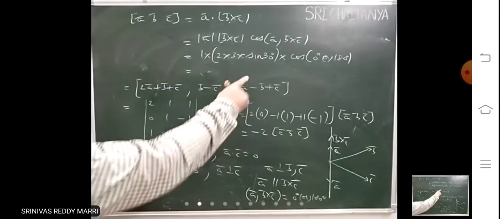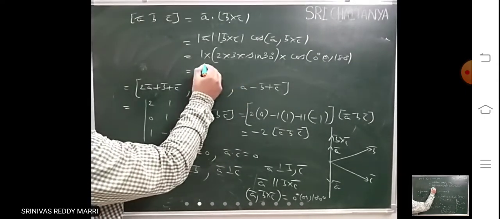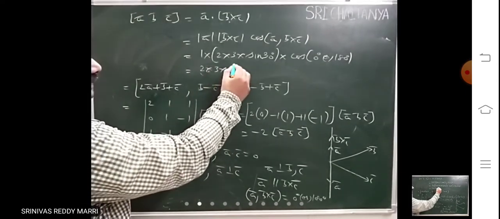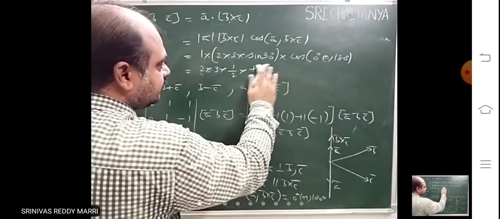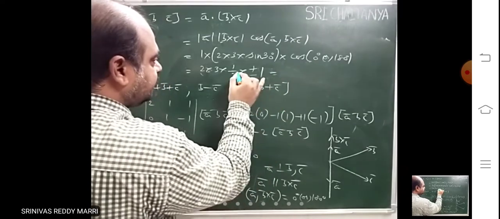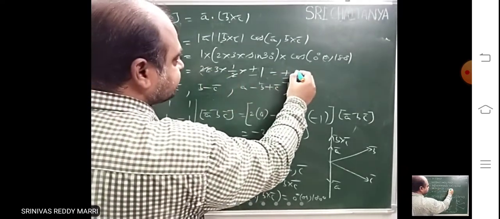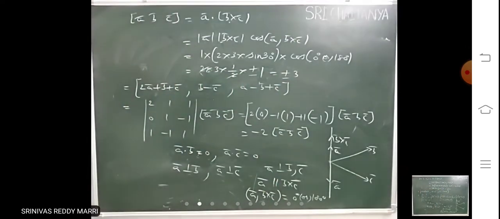That means you will get 2 into 3 into 1 by 2 into plus or minus 1. 2 cancels, plus or minus 3. Box ABC, what you got? Plus or minus 3.